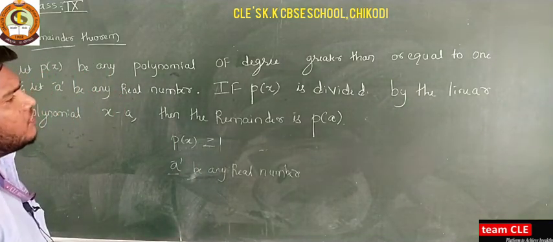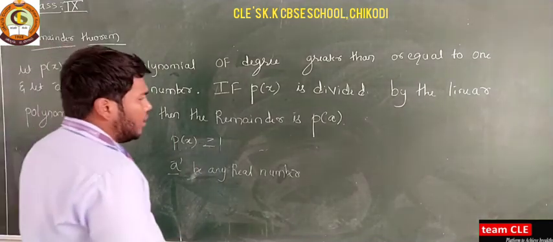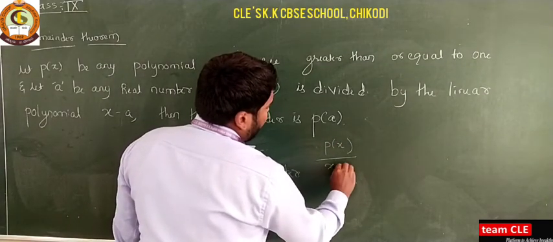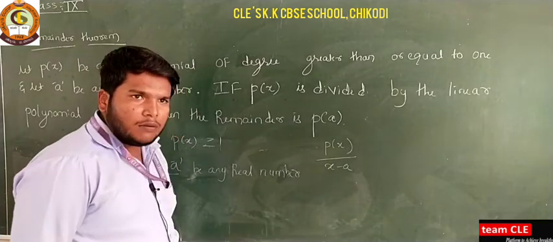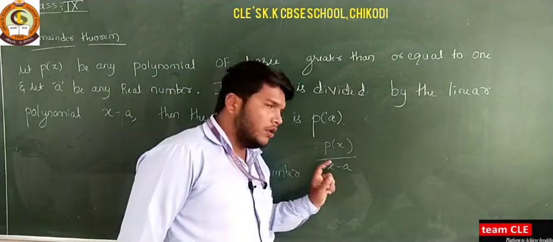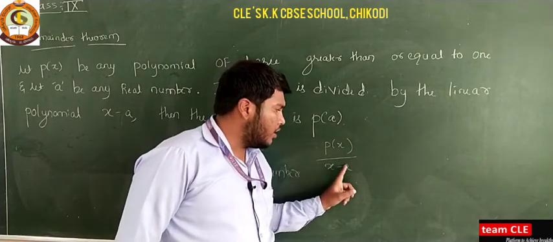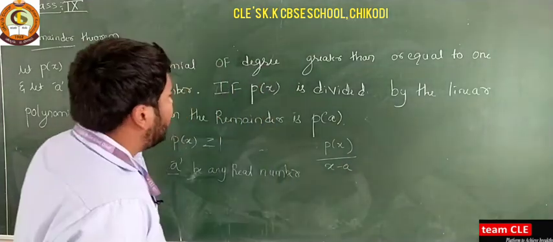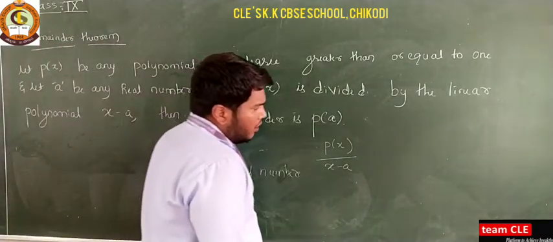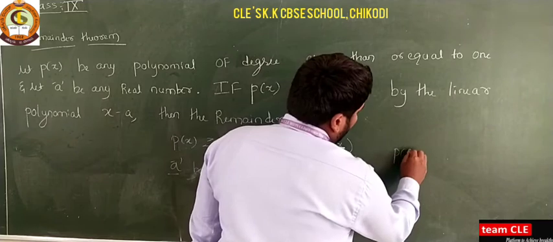If p of x is divided by the linear polynomial x minus a, you know that a linear polynomial means the degree of the polynomial is 1, then the remainder is p of a.